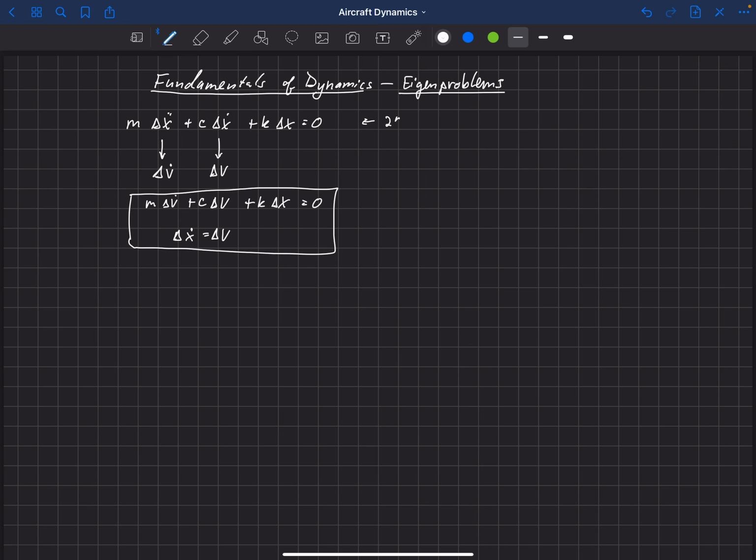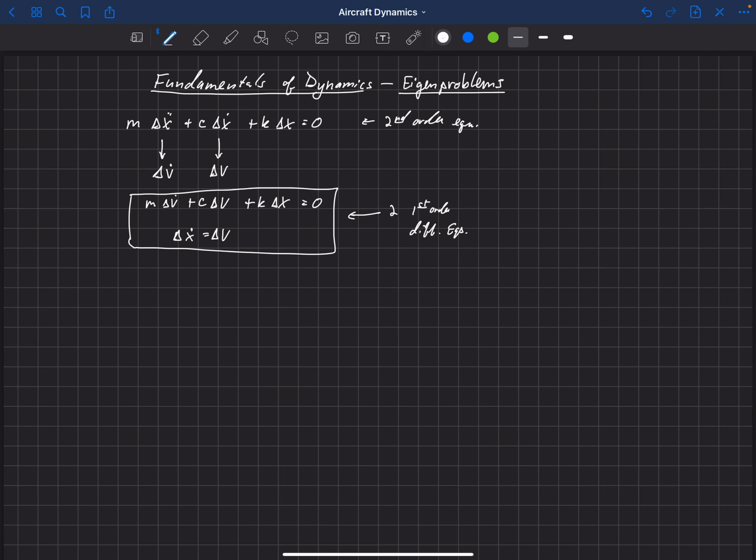Okay, so this was a second order equation, and now I've rewritten this as two first order differential equations. Okay, so this contains all of the same information, but I've divided it into two equations that are each first order, instead of having a single second order equation.